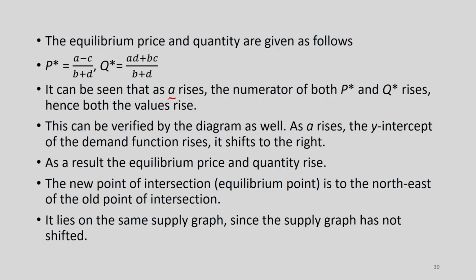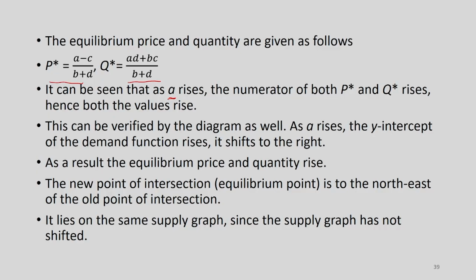In both P star and Q star, small a appears as a positive entry in the numerator, and so if a rises, then both P star and Q star rise. Okay. And if the numerators rise, then obviously these numbers will also rise. So, both P star and Q star will go up as small a rises.